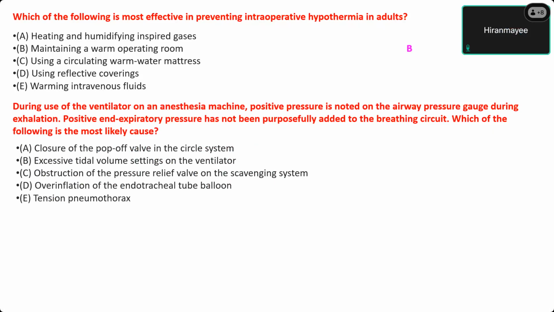No. The answer is C. Obstruction of the pressure relief valve on the scavenging system. Okay. It usually has a negative suction effect. Supposing there is an obstruction, that pressure will get transmitted during exhalation. So that will reflect on the pressure gauge.